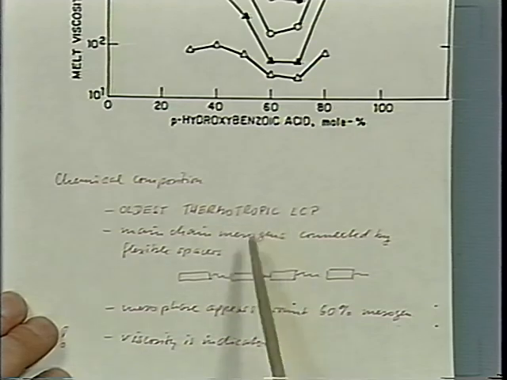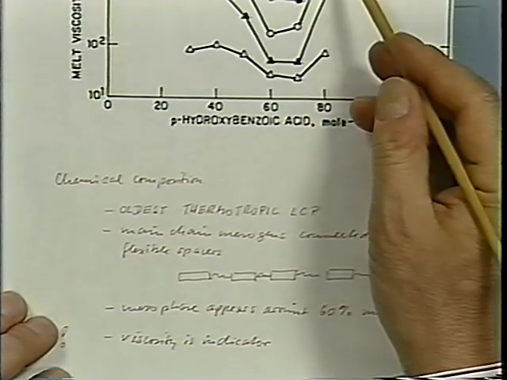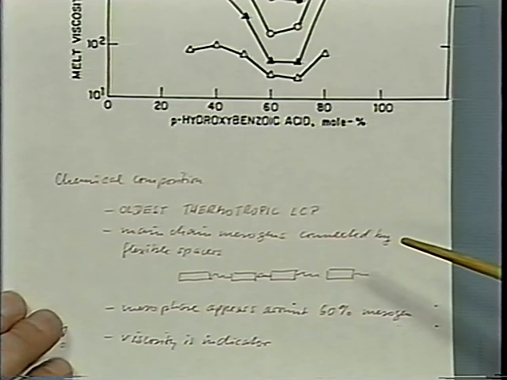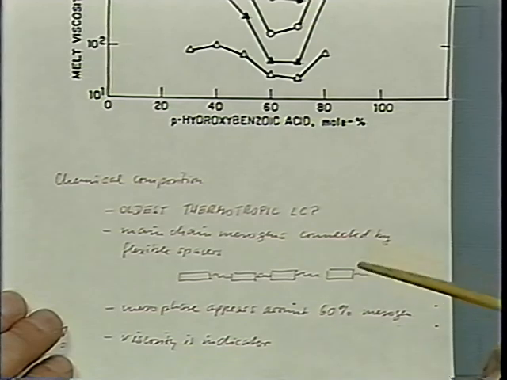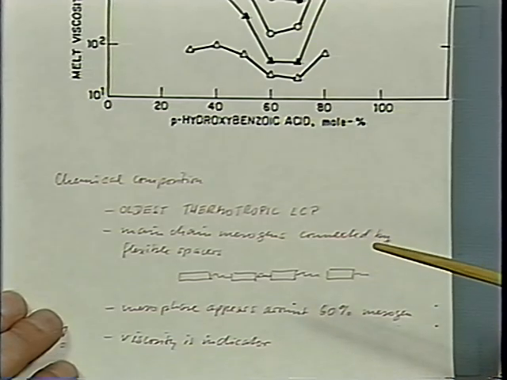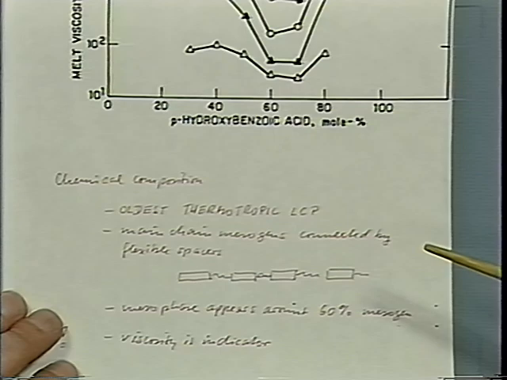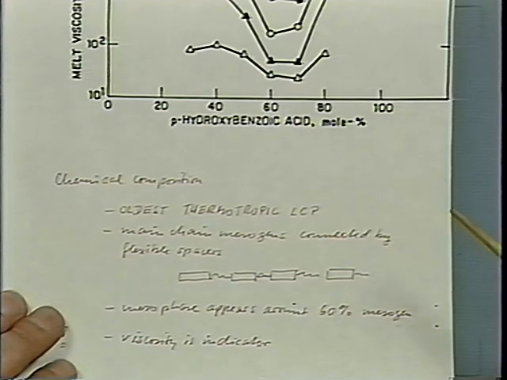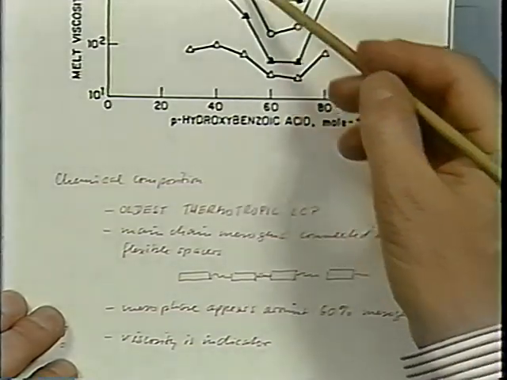And then if they put too much in, the viscosity went up. We haven't even talked about rheology, but the viscosity is very low of those nematic systems. So very often the viscosity is used to discover or to detect the appearance of a nematic phase. So the viscosity goes down here.